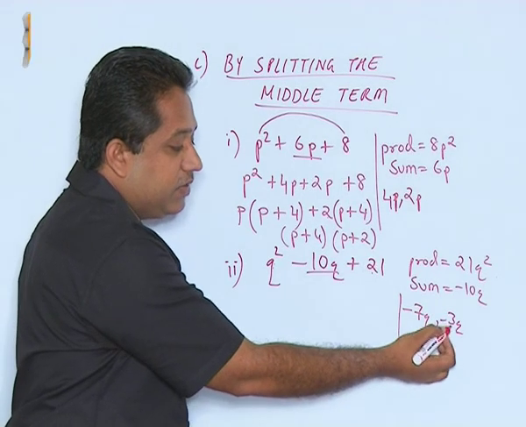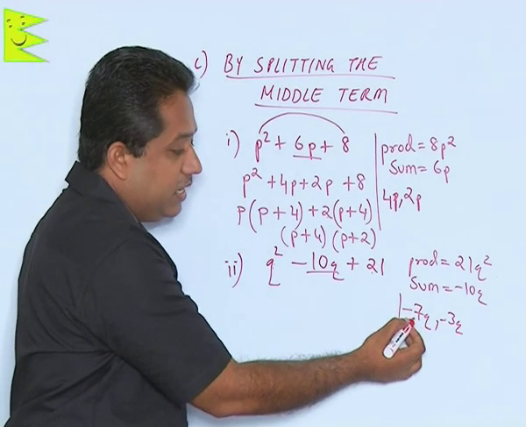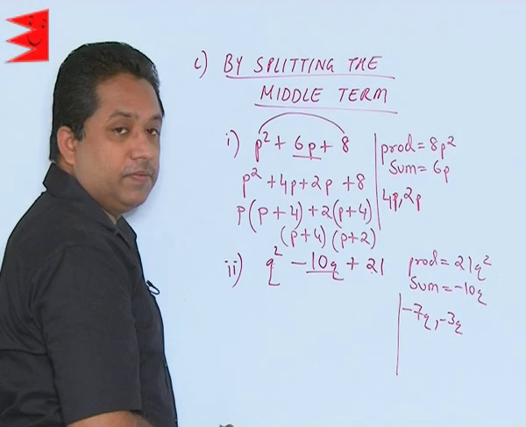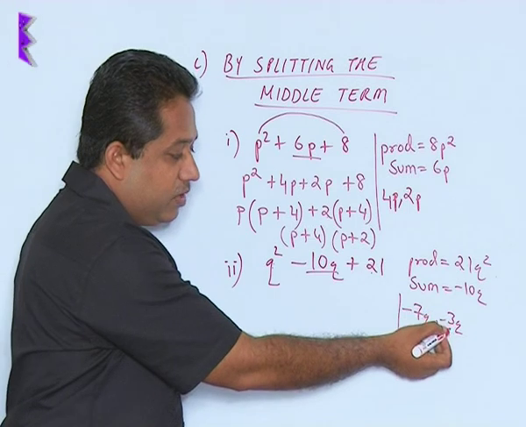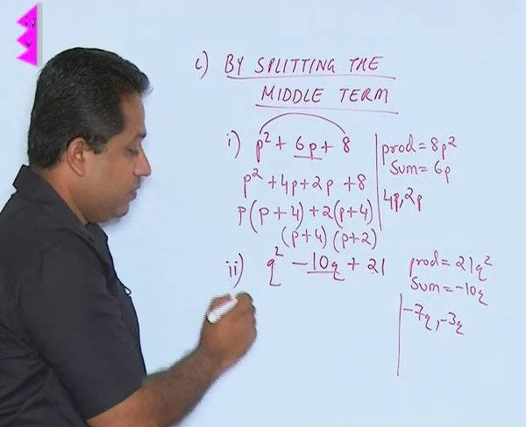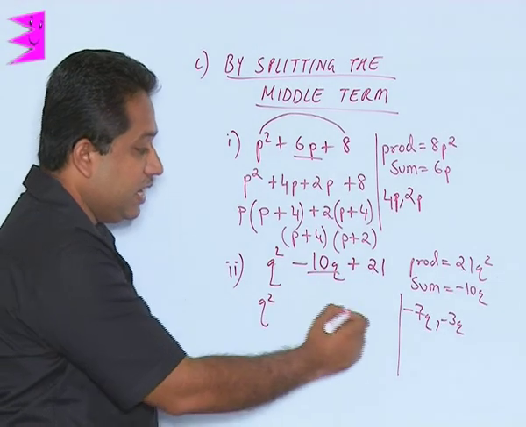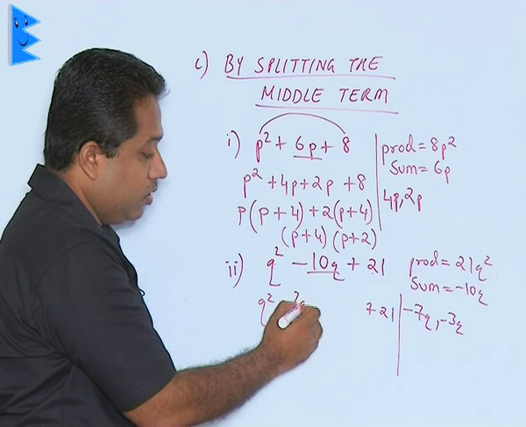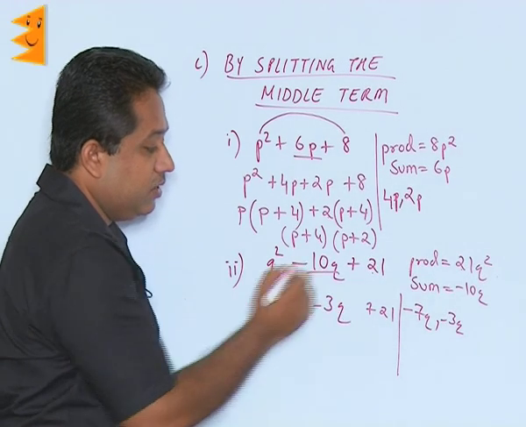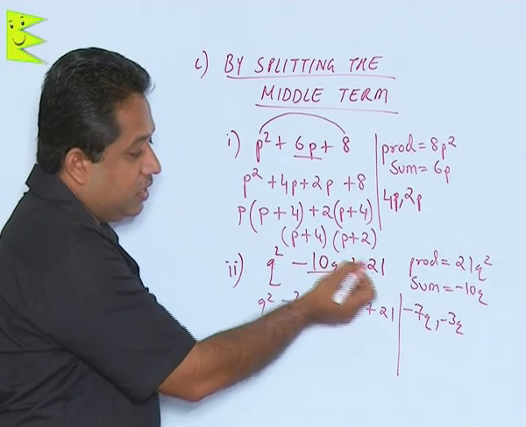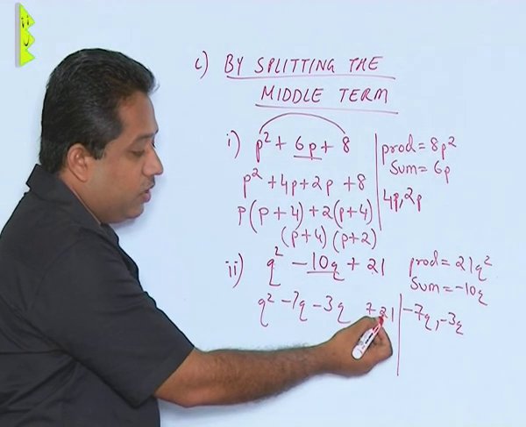When I multiply minus 7q and minus 3q, we will get positive 21q square, which is required here, and when I add minus 7q and minus 3q, I am going to get minus 10q. So, the factors are correct. So, we can put this. So, first term and last term as it is, the middle term has to be split into minus 7q and minus 3q. So, again the 3 terms have been converted into 4 terms.